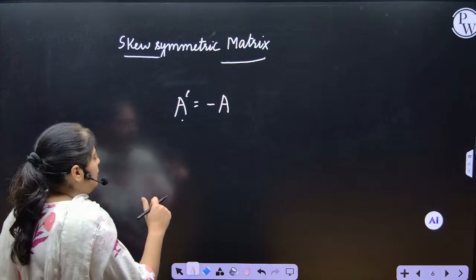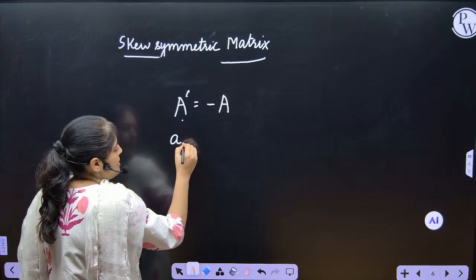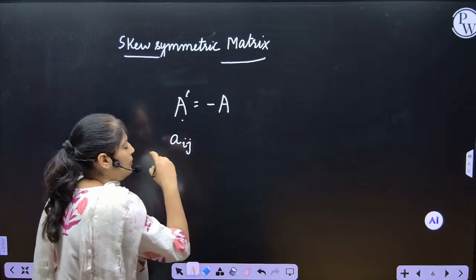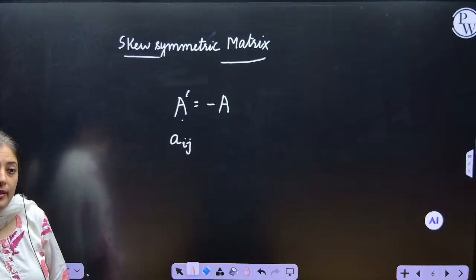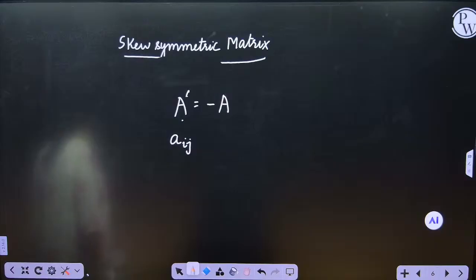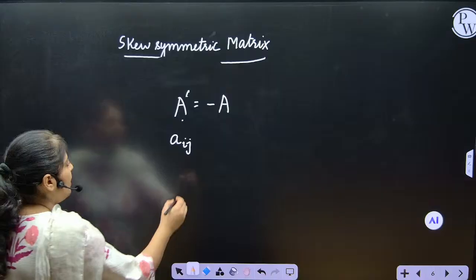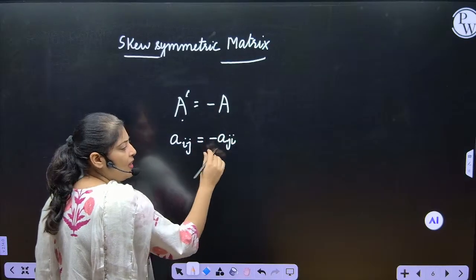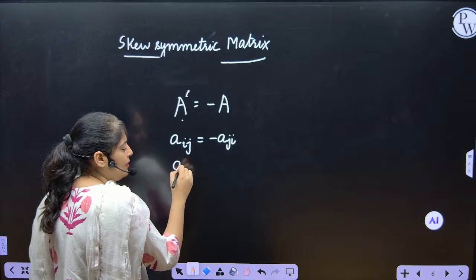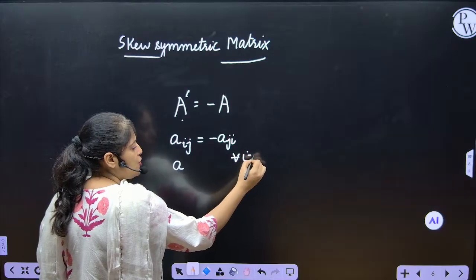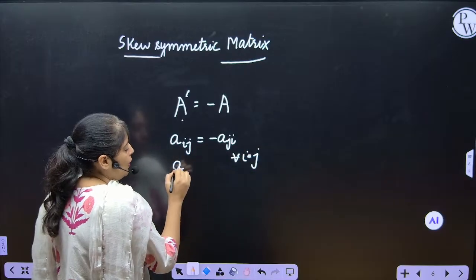So one condition that will come out is Aij is equal to negative of Aji, because of this sign. Now take it on the left side, and for all i equals j, I'm saying, what will it become?